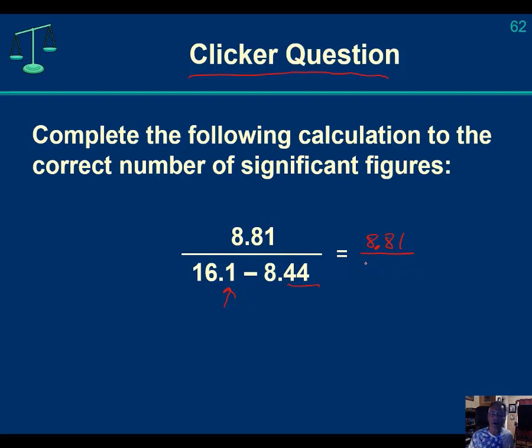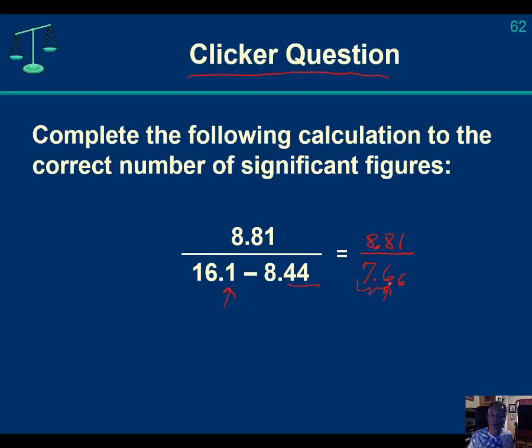However, if I were to round before I got to my final result, I would get a different answer. And it won't always be the case, but it's certainly the case in many problems that you can accumulate what we call rounding error. So there's a little trick that you can do when you're working these problems. I know that I really only have 1 decimal place in this result because of the subtraction rule.